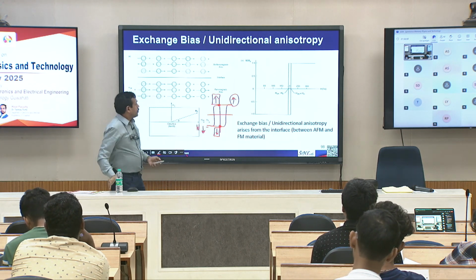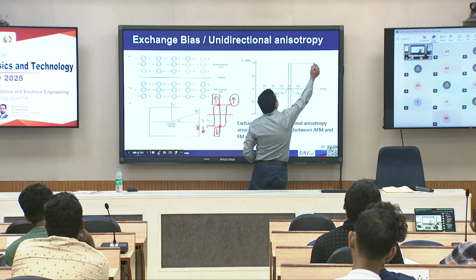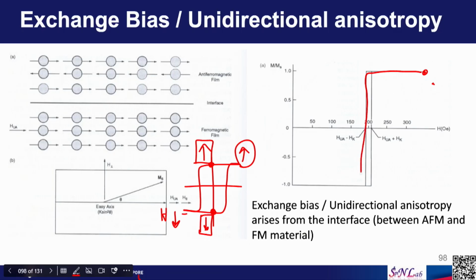But in this case, let us say I start from here, I can go all the way, come back. So, I have one remnant state. If I do the same thing, again I start from here, go all the way, come back, I will end up in the same state.